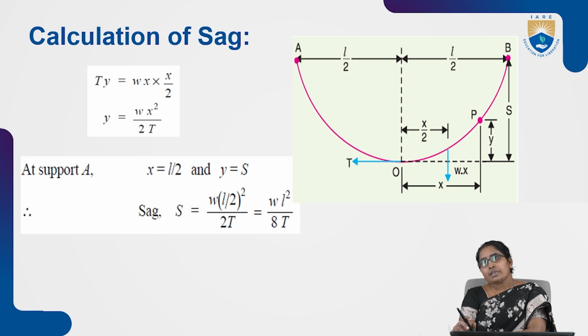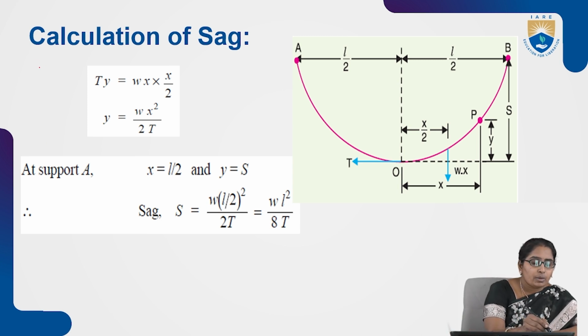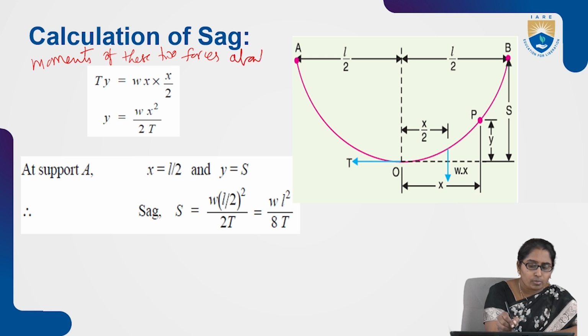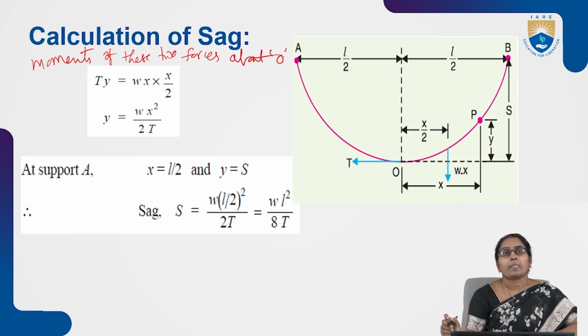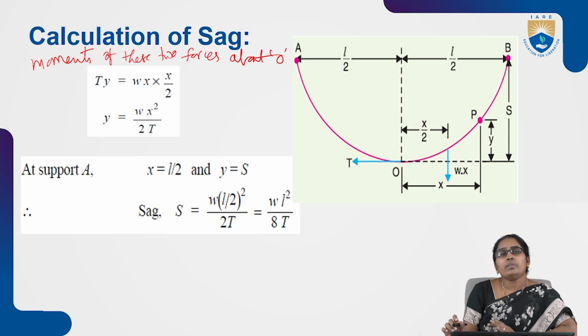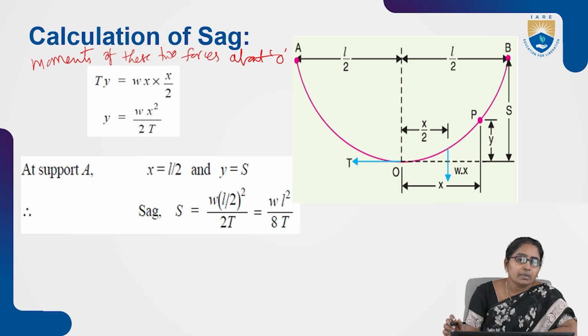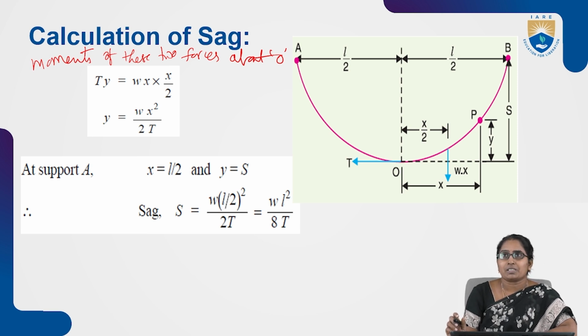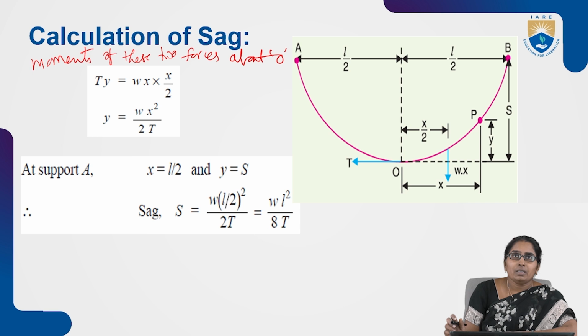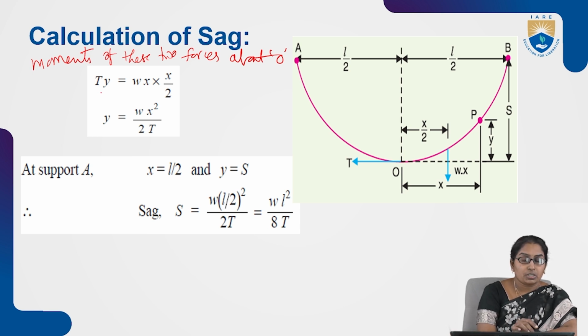Now the next step is to consider the moments of these two forces about point O. We know that moment is force multiplied with distance. So the moment of the tension is T multiplied with its vertical distance, that is y.